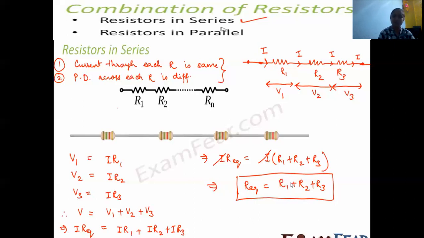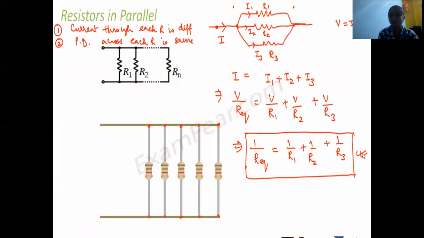Is this series combination clear, children? Okay. Next we will move to parallel resistance. Here also I have given one example, but before that we'll define what resistance in parallel is.